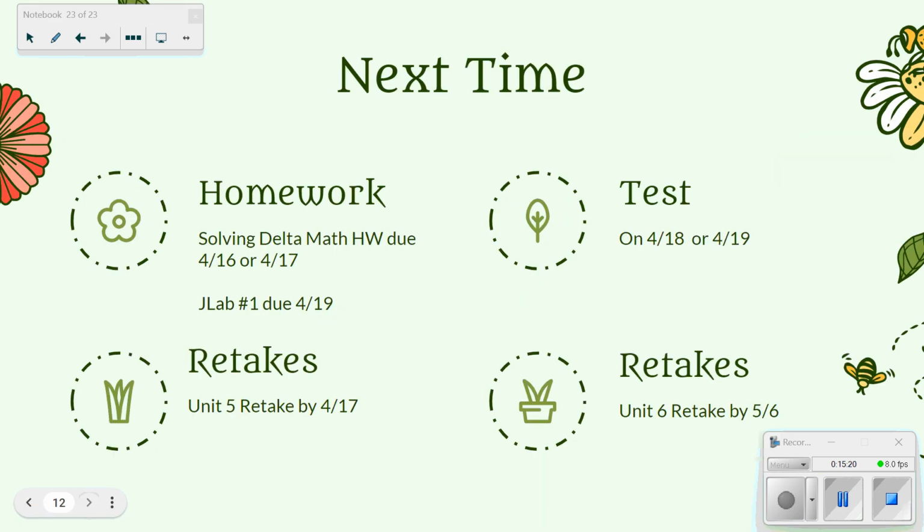And after that, things you can be working on when you're done: solving Delta Math homework, or if you still need to finish any other Unit 7 homework, remember that has to be done by the day of your test. You could also be working on your JLab number 1, or any other retake things you might need to do. And as always, email me, stop by if you have any questions on anything you're working on.